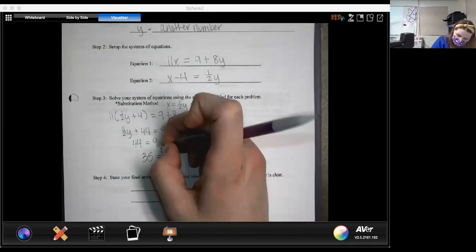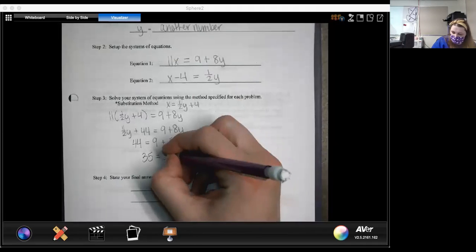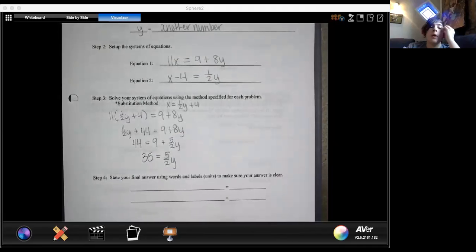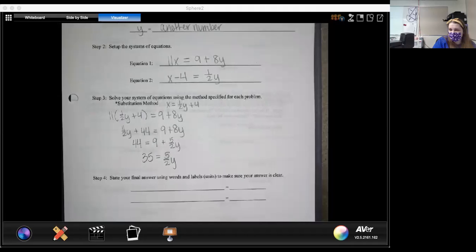Okay, 5/2 y. How do we solve when we have a fraction? Okay, we can multiply by the denominator. So that process would take me 2 steps. What would be a 1-step process, rather than multiplying by the denominator, then doing something else? You can multiply 35 by 2/5, which is the reciprocal.